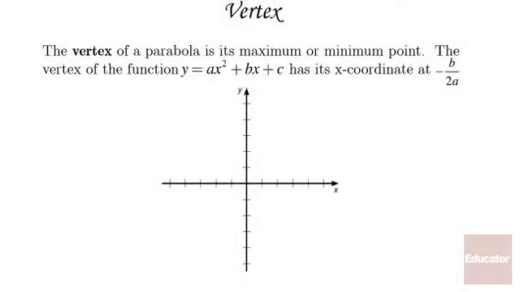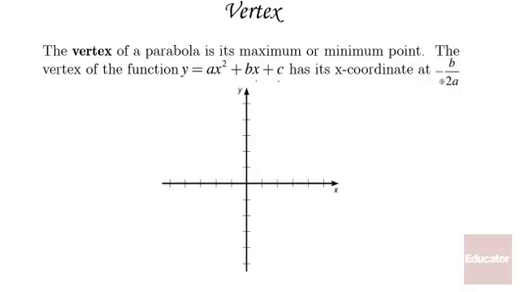Now, the vertex of a parabola is its maximum or minimum point. And we just discussed maximums and minimums. And there is an equation for this. So if you have a function in the form y equals ax squared plus bx plus c, you can find the x coordinate by using this formula, negative b over 2a.